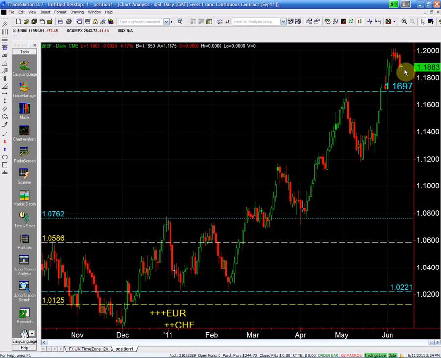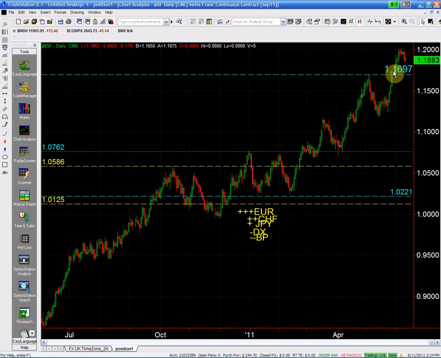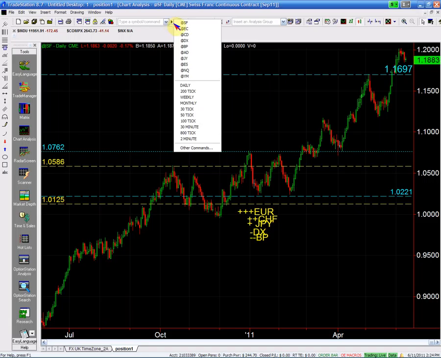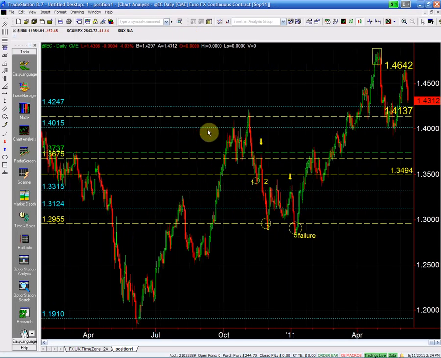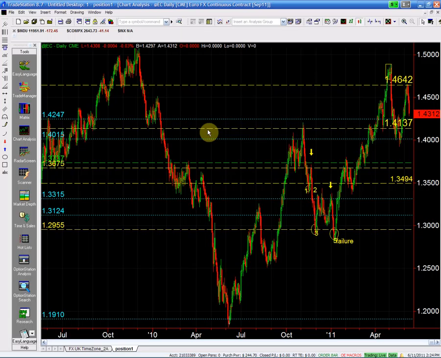Last but not least is the euro, and this is quite negative. Thus far it is as weak as the British pound, even though it has not traded yet below the 142.47 based on the structure.